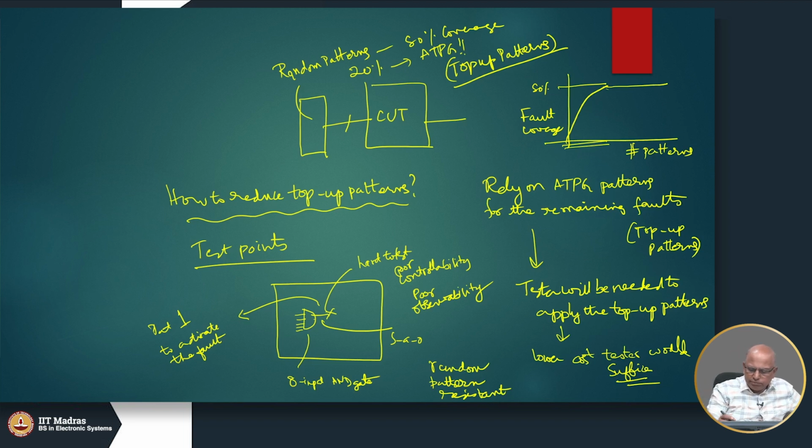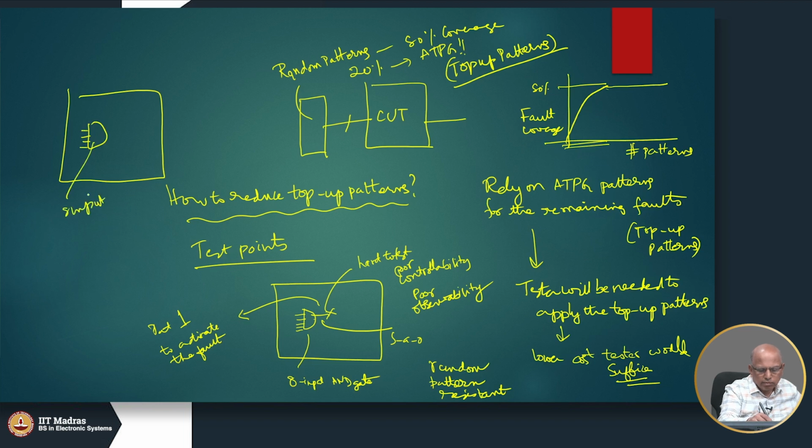Okay. For example, if I now redesign this circuit, there is an 8 input AND gate, but here let us say I have an OR gate that I have introduced. Okay. So, this is a test input. Under normal operation, I will make test control equal to 0. As a result, the functionality has not changed.